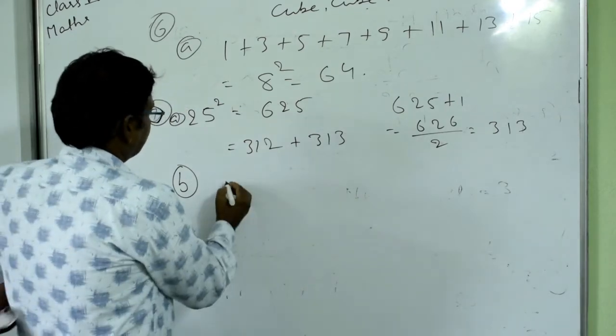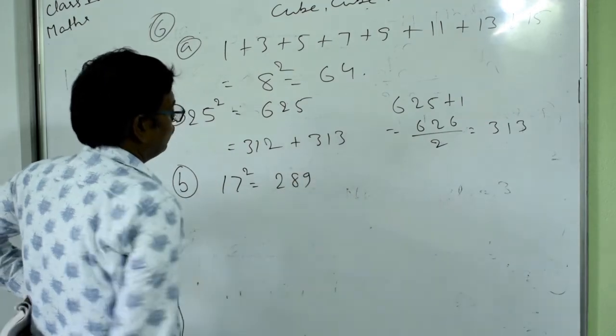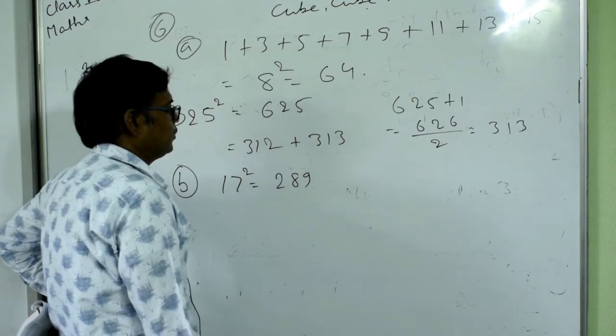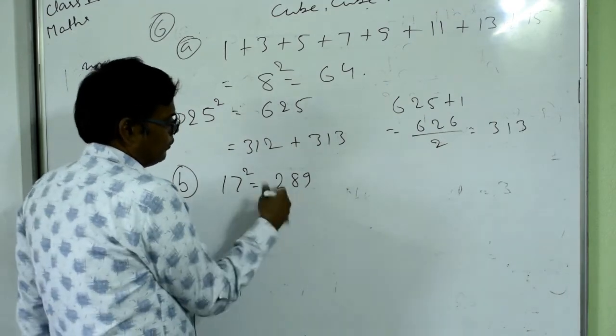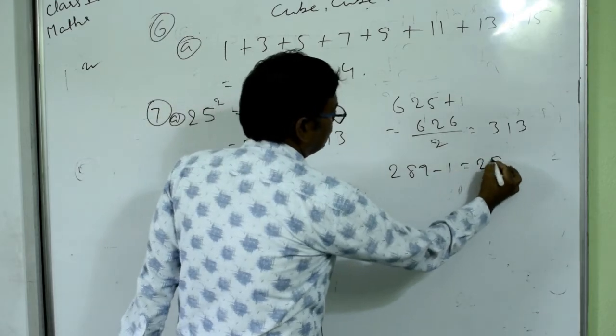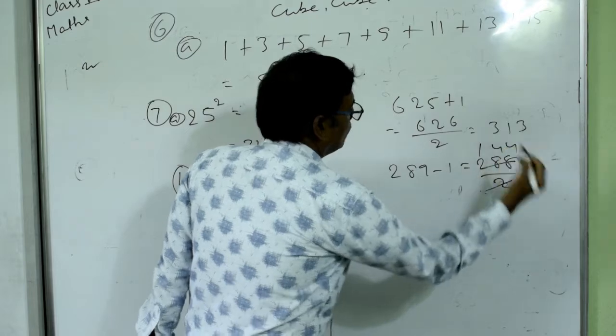In this case you can find question number B also. You have 17 square. Okay, so it is 289. Now here you have to find two consecutive numbers. Suppose I will subtract, 289 minus 1, it will be 288, and divide this by 2, you will get 144.